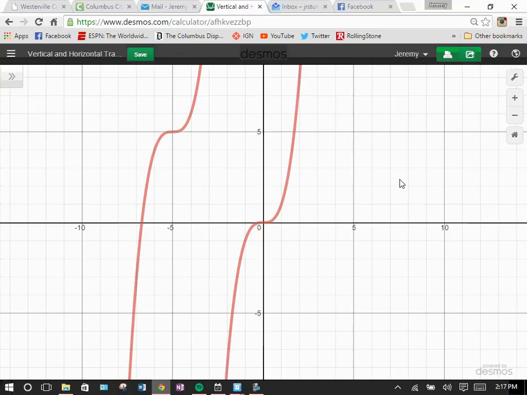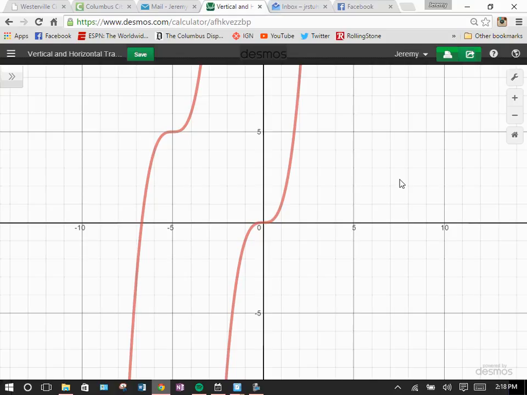How would you write that equation? f of x is equal to parentheses x plus 5, plus 5 because it'd be minus negative, parentheses to the third power plus 5. So you would say, I need to move the parent function 5 units to the left and 5 units up. My equation would be x plus 5 to the third plus 5.